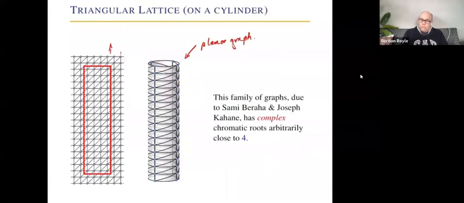Lattices are important for 2 reasons. First of all, these are the things that statistical physicists like to work with because they have models of molecules on lattices interacting with each other and that sort of thing. So there's a huge literature in the statistical physics area of chromatic polynomials of large lattices.